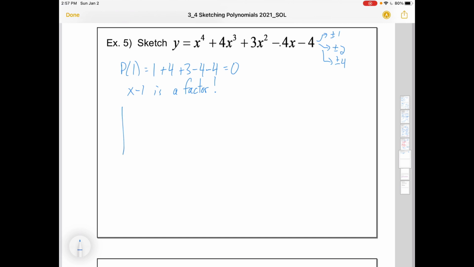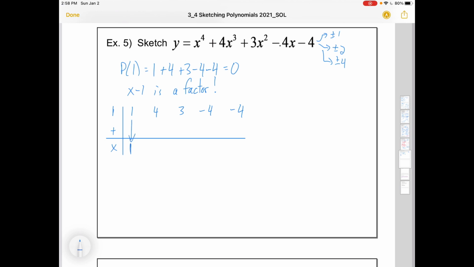And so we'll go ahead and divide. I always write out that x minus 1 as a factor, though, to make sure that I write the right thing in the end. So 1's the number, and the coefficients. There are no missing powers of x, so we don't have to worry about placeholders.